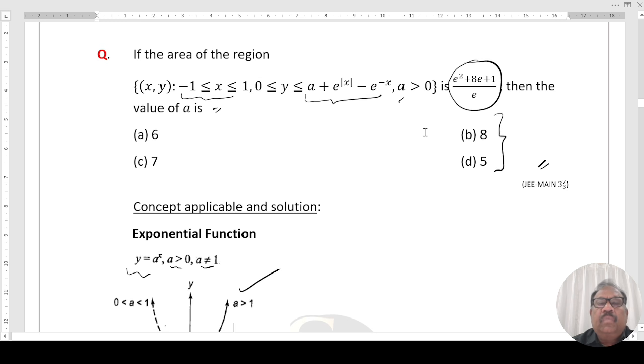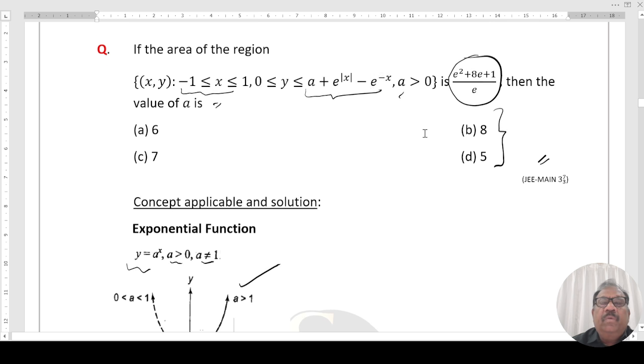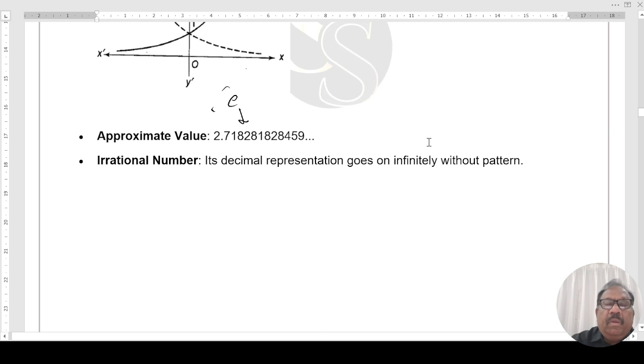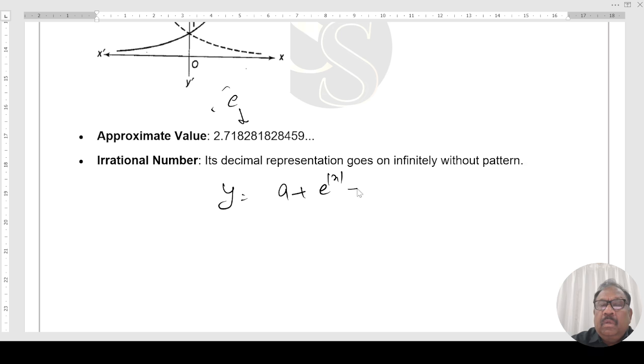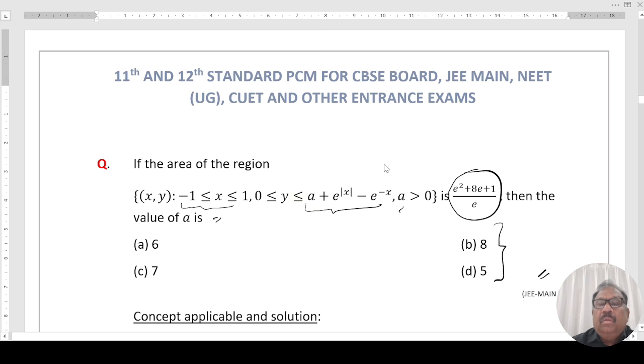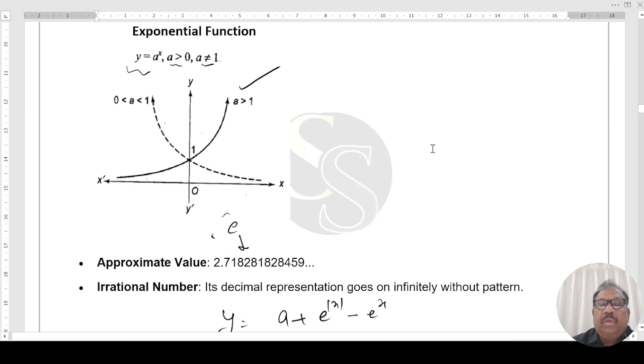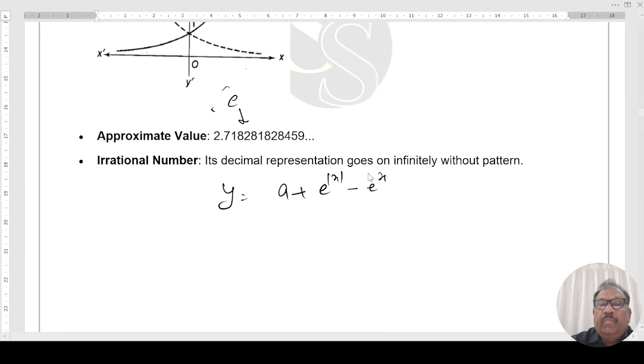Now come to the question. First of all, y is given as a plus e to the power mod x minus e to the power x minus e to the power minus x. Before finding the area and plotting it, we will have to remove the modulus sign.